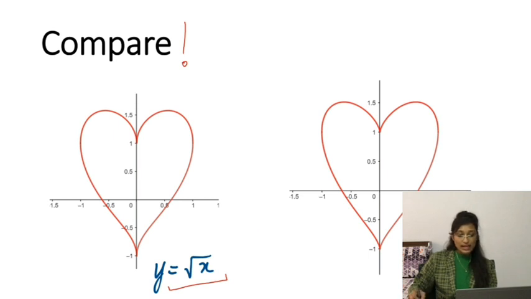See, there is a slight difference in the top and in the bottom. See here, how its bottom has been developed and how its top has been developed. You can see the difference here.